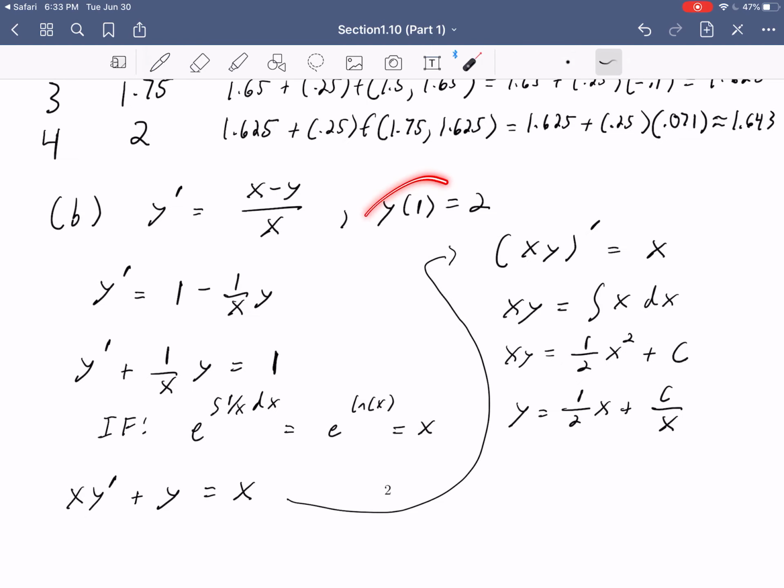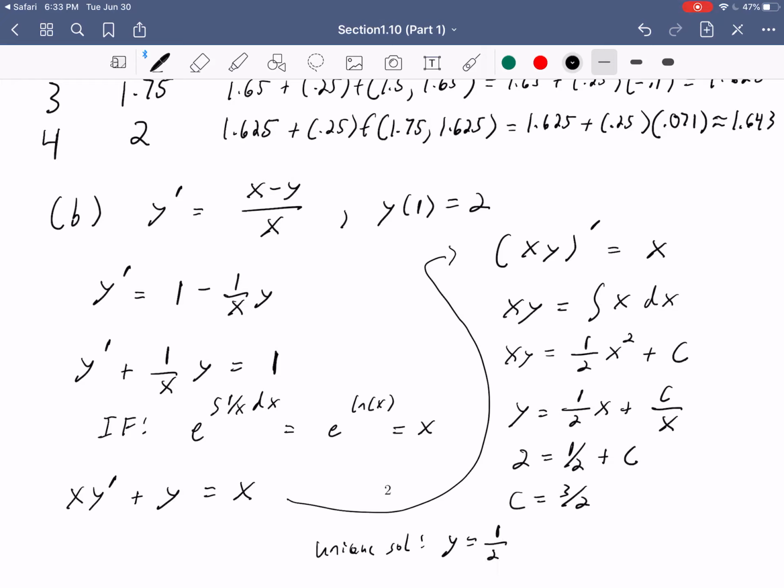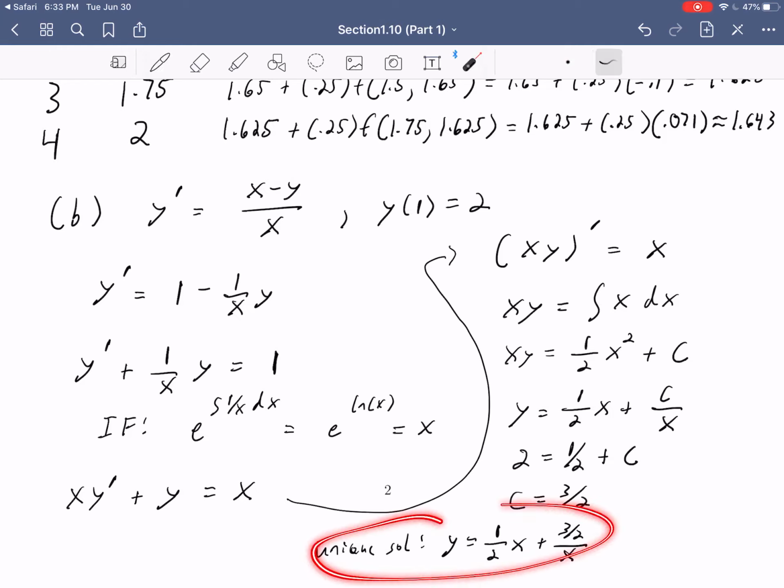We can pop in our y of 1 equals 2, so we get 2 equals 1/2 plus c. And it looks like c should be equal to 3/2. So our unique solution here is y equals 1/2 x plus 3/2 over x. Okay, now can we evaluate directly?